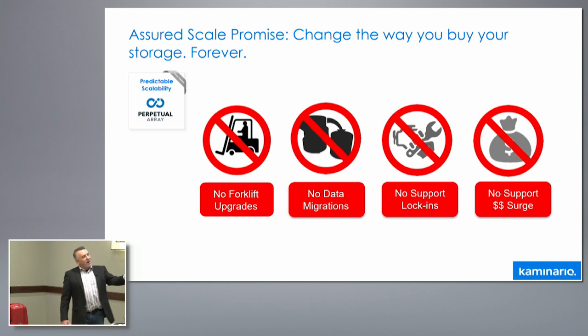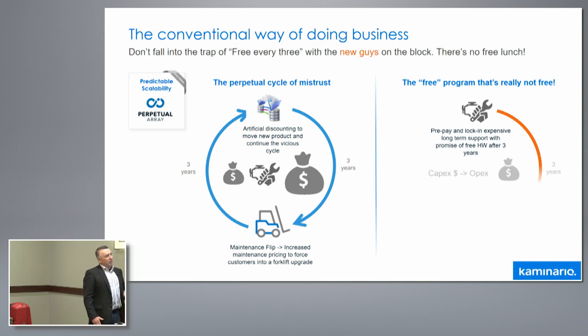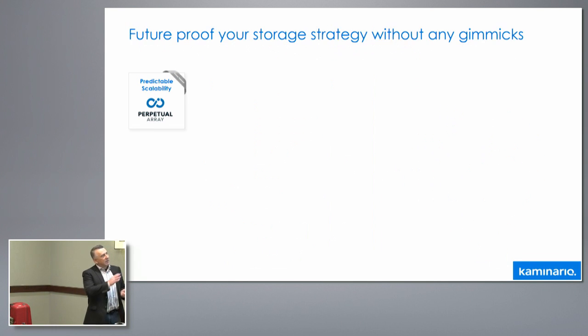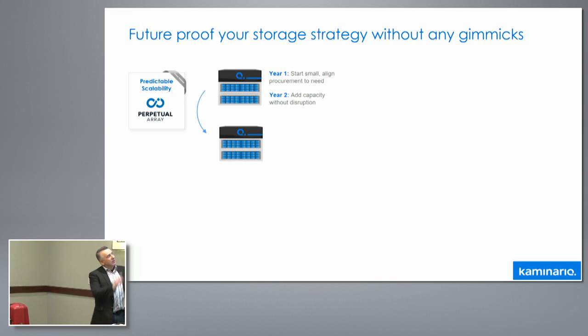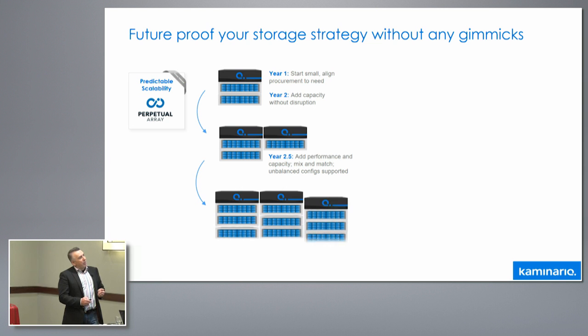So, we talked a little bit about the forklift upgrades, data migrations, no such thing. As you start scaling out, what you're going to be able to do is look at your costs. I'm going to start with what I need today. Second year, I might just have to add capacity. Third year or fourth year, I need to add some additional performance. Same thing as I go through.